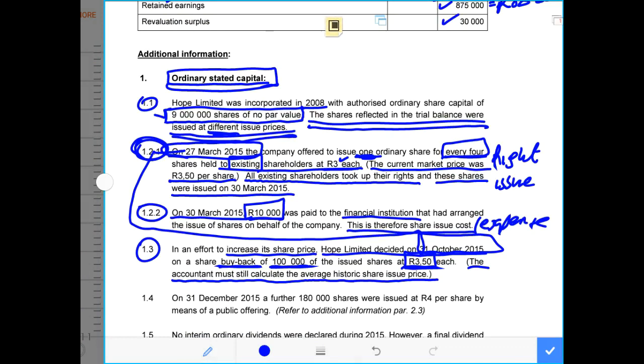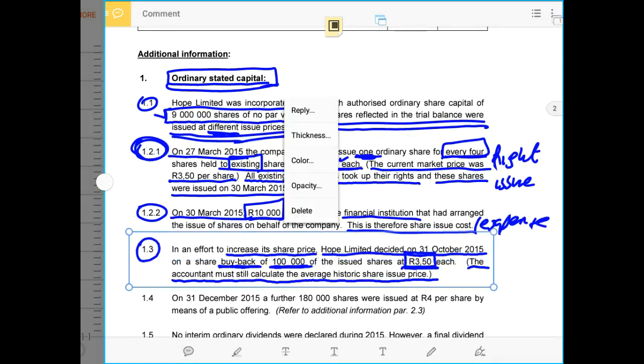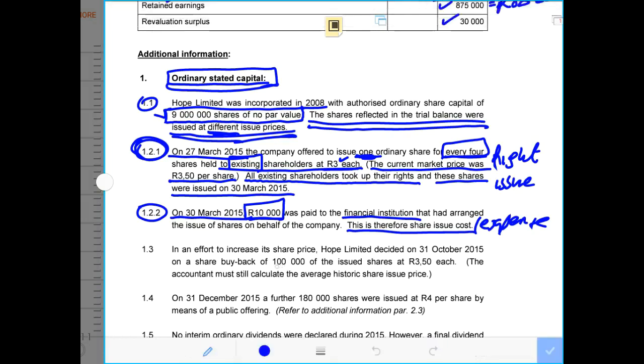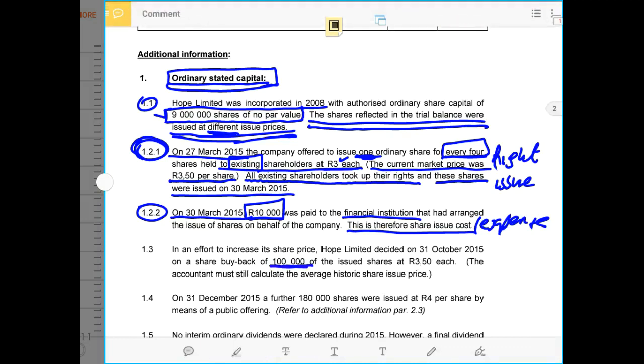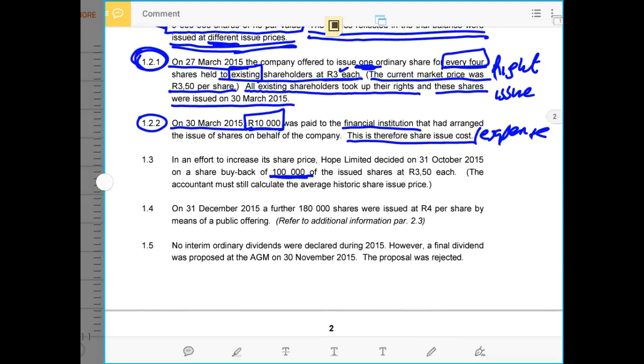That is another thing we need to take into account. We are told there was a buyback of only 100,000 shares. Please take note of that. So we'll have to account for that 100,000, then calculate the average price in the future when the question requires us to do so.